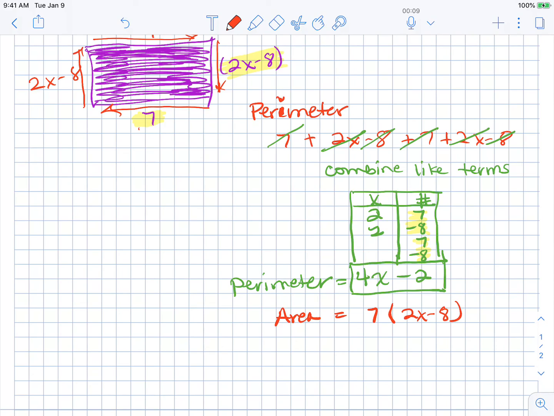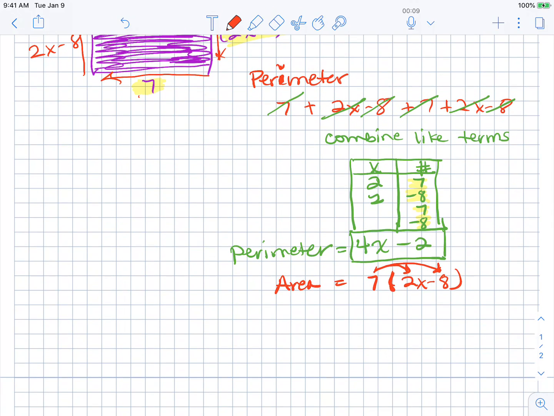And when I'm doing algebra, when I multiply a polynomial, I have to use distribution. So I'm going to distribute this 7 through that parenthesis group. So that's going to give me 14x, and 7 times 8, well, that's 56, so it's negative 56. And that is my area.